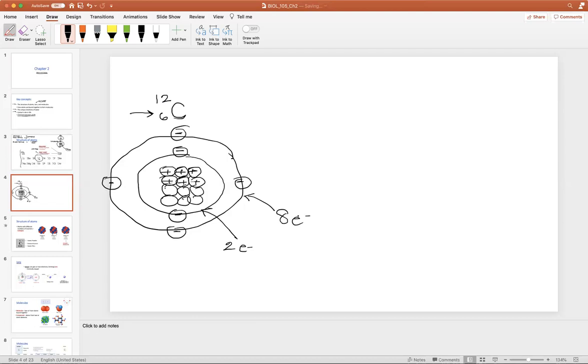You can actually have up to 8. Now, how many do we currently have in this valence shell? Remember, the outermost shell is called the valence shell. Turns out we have 1, 2, 3, 4 valence electrons in carbon.